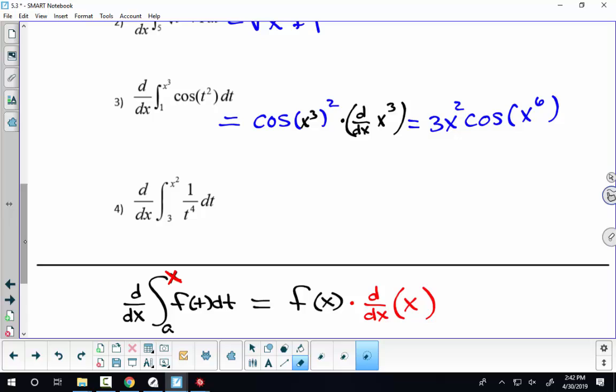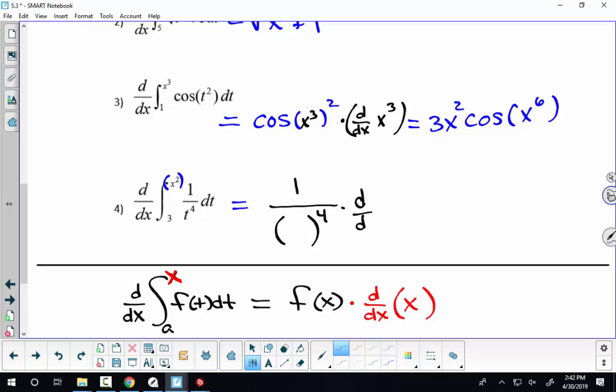So we plug in x squared for t, and then multiply by the derivative of x squared.